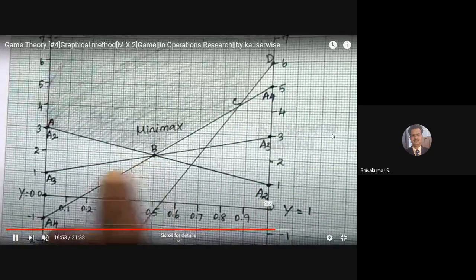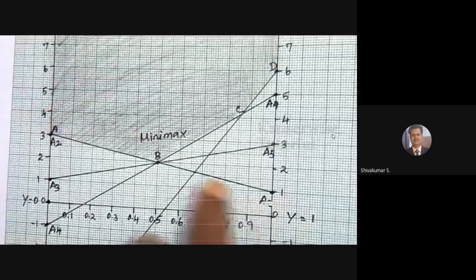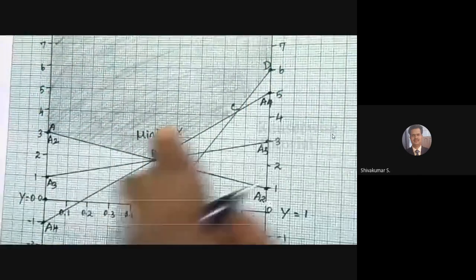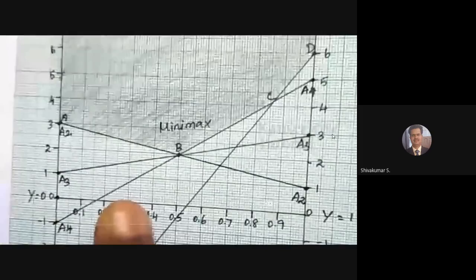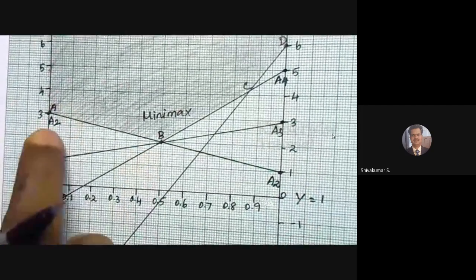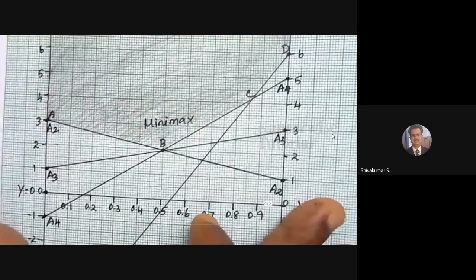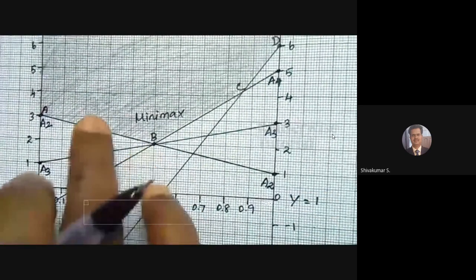A1, A2, A3, all are crossing. Then how to choose? How to choose the 2 values? Because you want only a 2 by 2 matrix. In that case, you have to take exactly opposite lines. Say, for example, the A4 alternative and the A2 alternative.